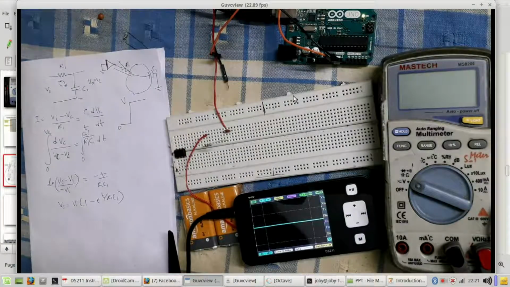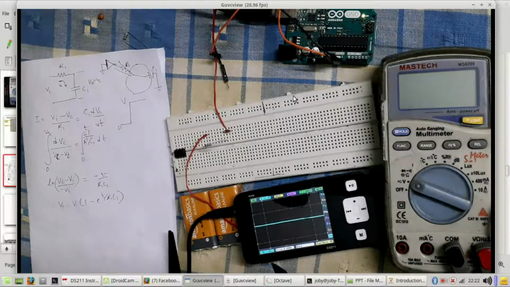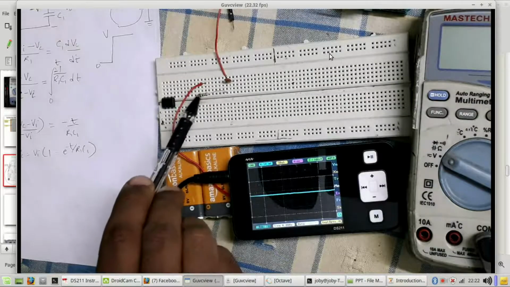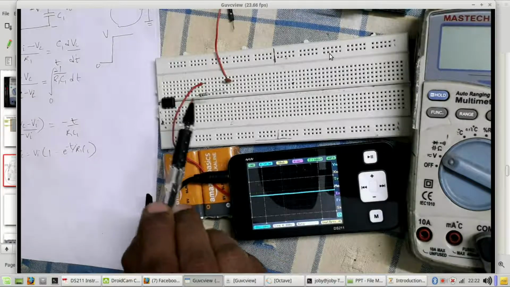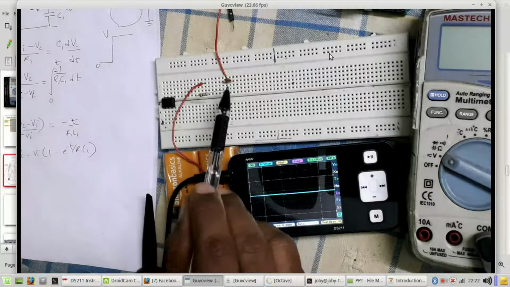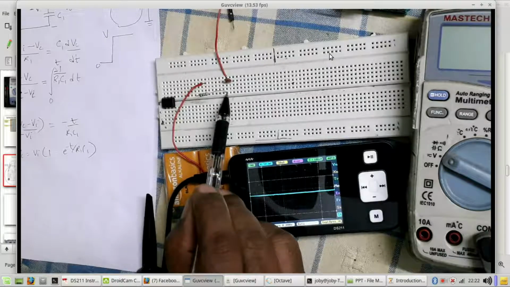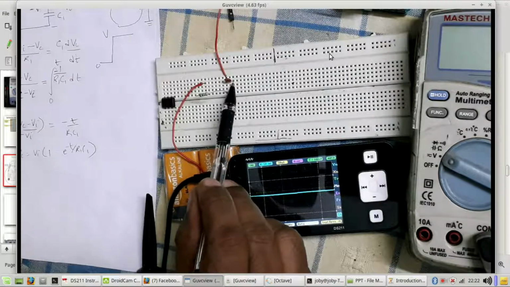Here we have an oscilloscope which also has a signal generator, as I had mentioned before. I have taken the output of the signal generator and provided it to this point. This R, which is the 10K resistor, I have connected to this capacitor in this line. And this point should then be the ground.